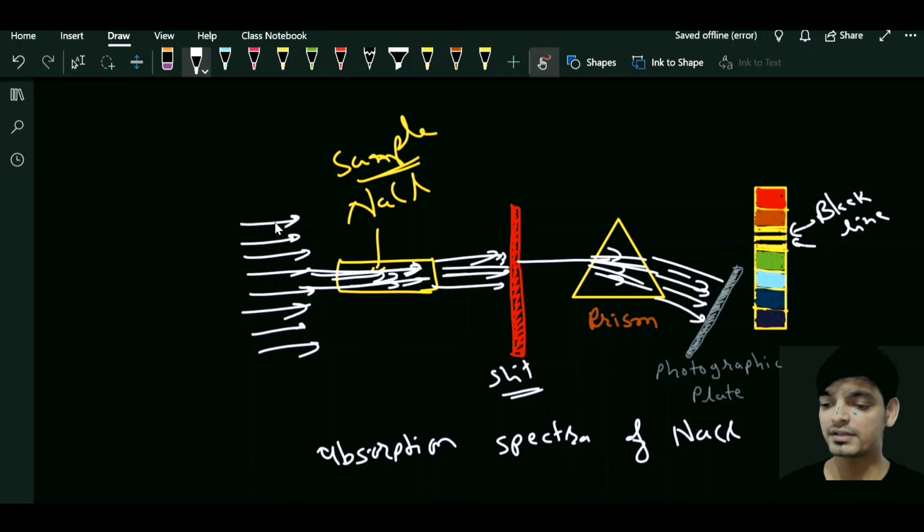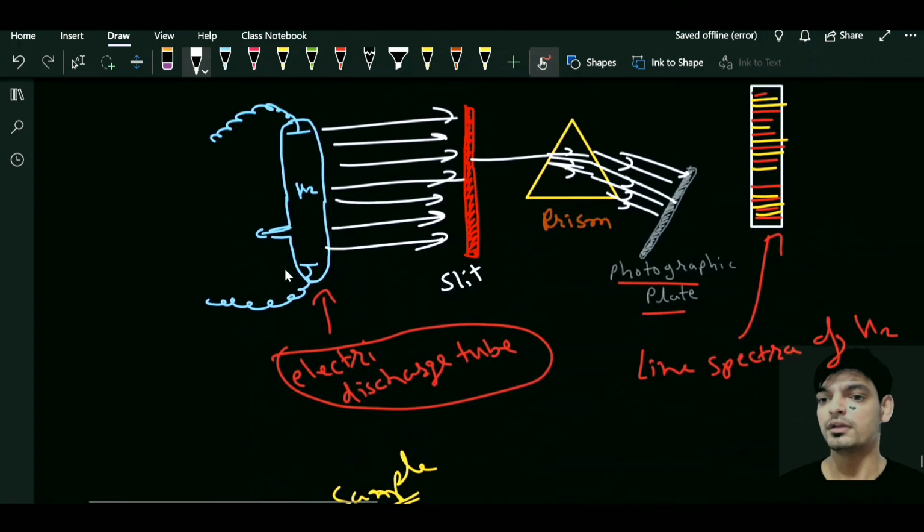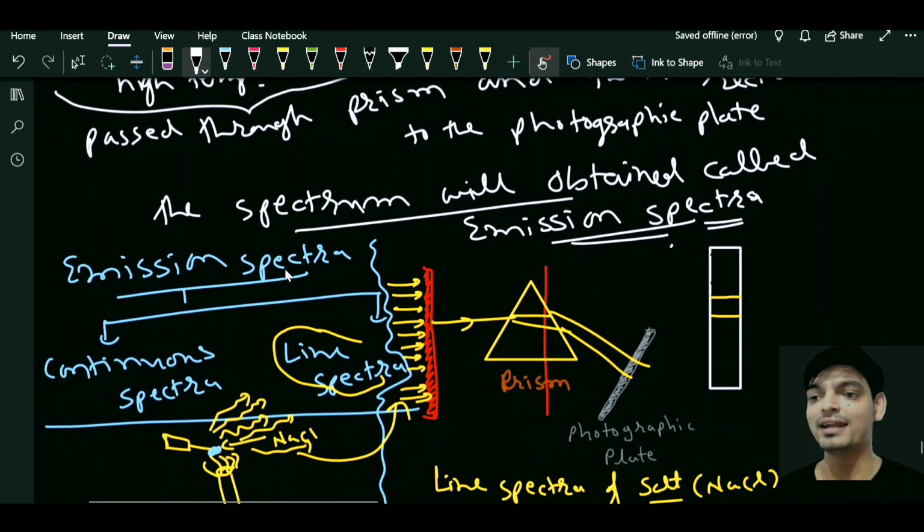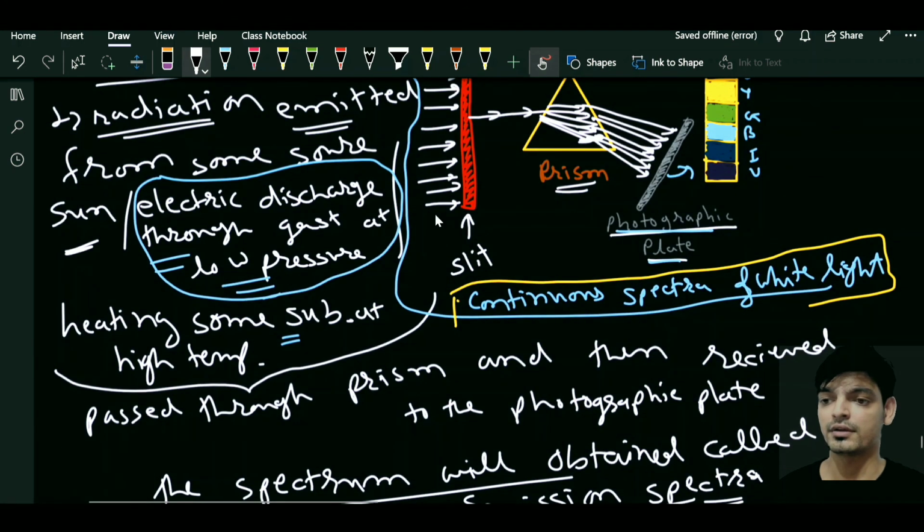Let me explain once again. Emission spectra means what? If light is emitting from any source, for example sunlight, so white light is emitting. See here, I have explained here, this is white light, and we are getting a particular band on the photographic plate.